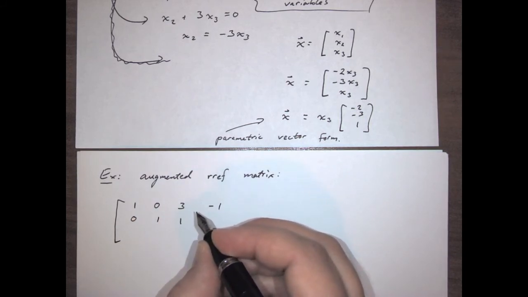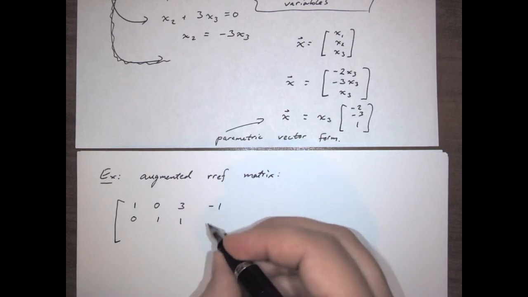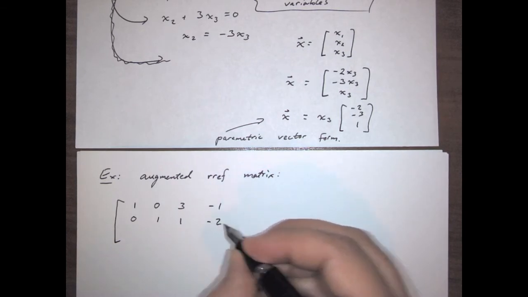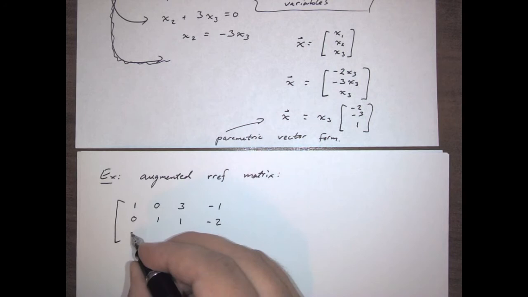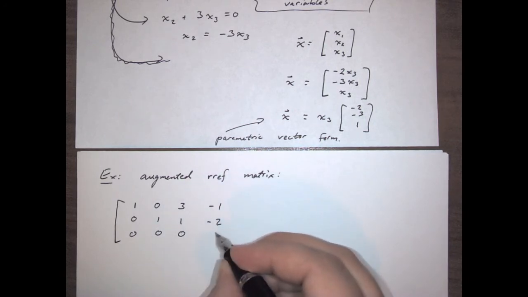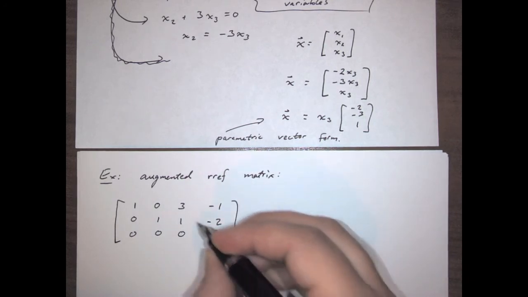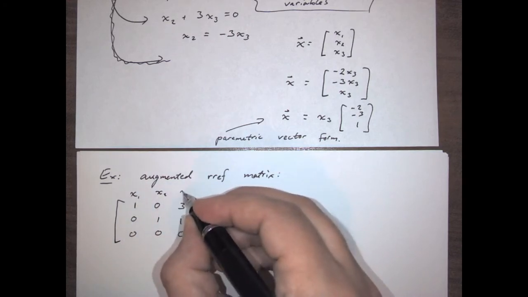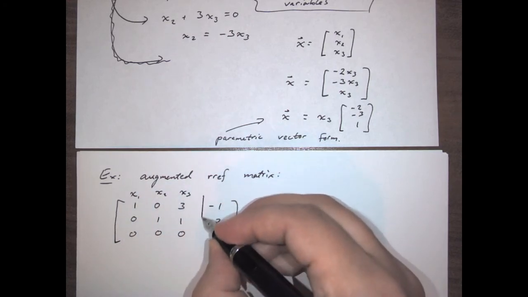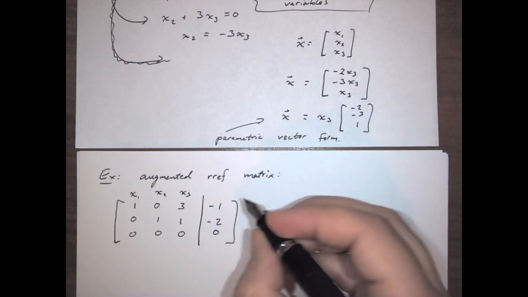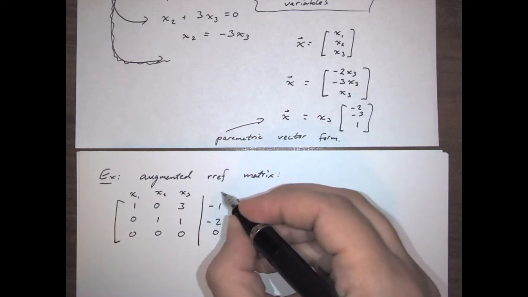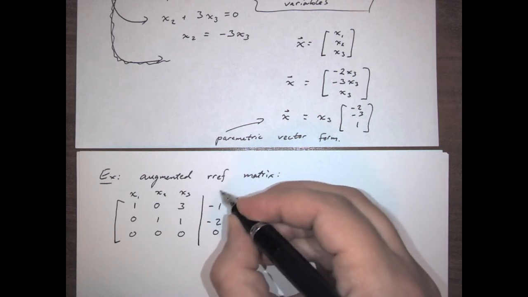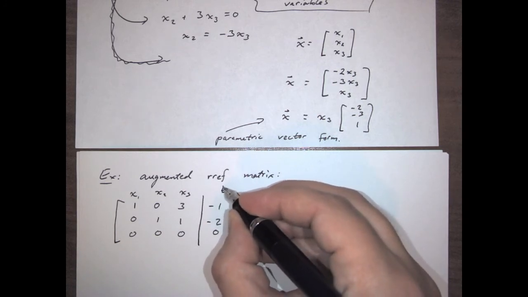I'm sorry, not quite just like before. It's got slight differences here. Negative 2. And then 0, 0, 0, and 0. So once again, this represents x1, this represents x2, this represents x3, this represents the line of equal signs, the augmentation column, and this represents the b.